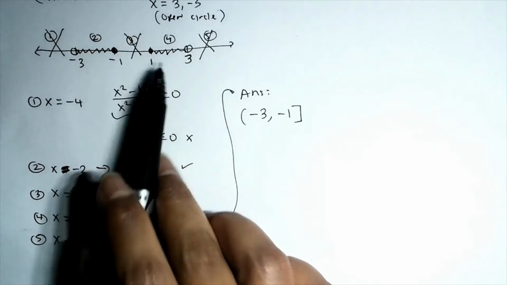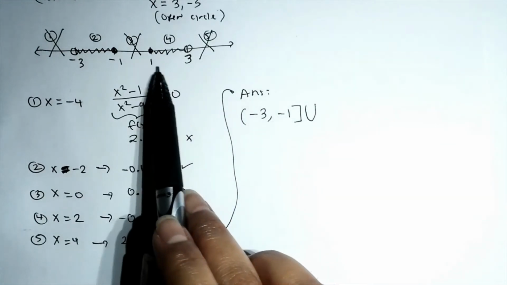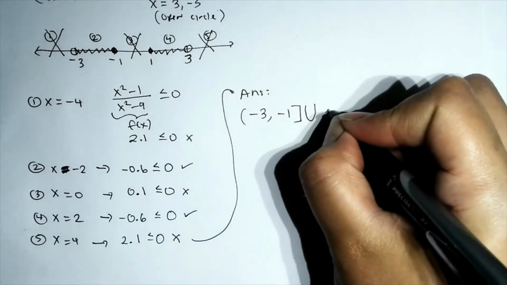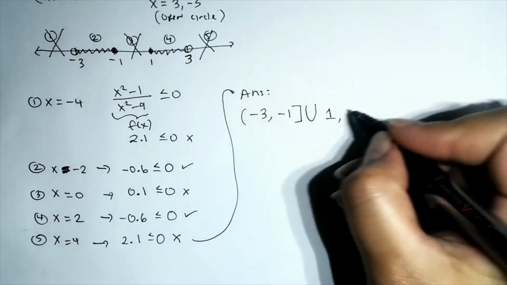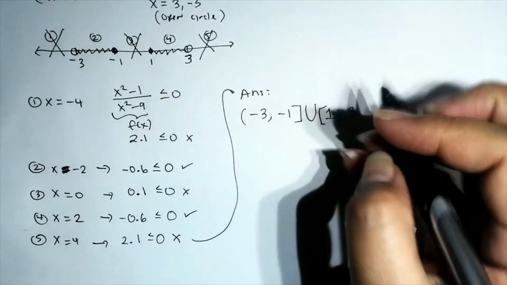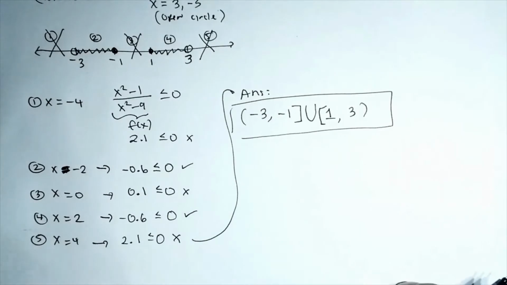We have another interval, so let's take the union. It's the interval from 1 to 3, where 1 is included, bracket, and 3 is excluded, parentheses. So that is going to be the solution to the inequality.